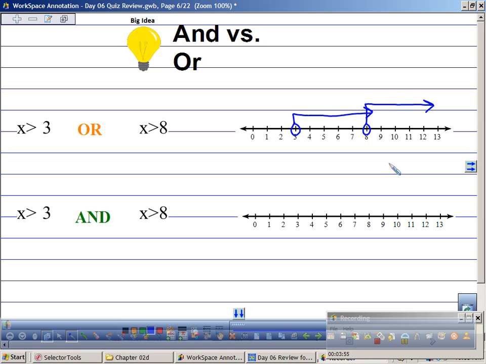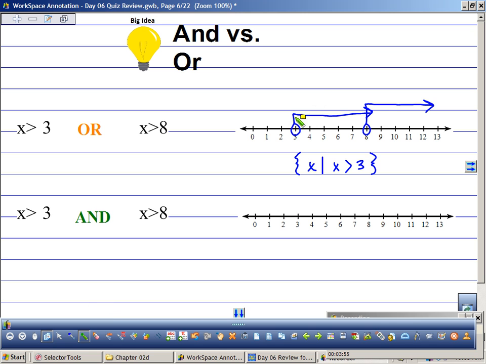Who does that include? Everybody above 3. X such that x is greater than 3. See that? We're talking about if they cleaned their room or did their homework. We're talking about all these people and all these people. Right? All right, what about this one?